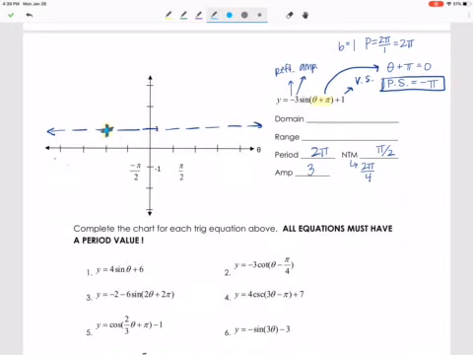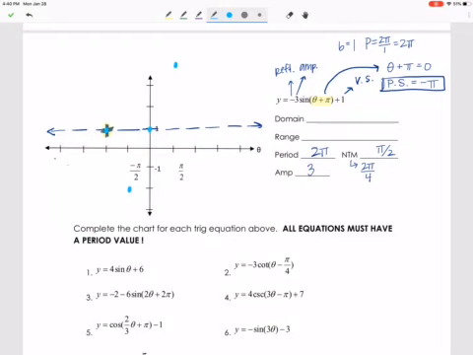From there, sine would normally move up 1 and then back to the line. But if I have a -3, I now have to move down and 3 away from the line. So 1, 2, 3. Back up to the line and then up 1, 2, 3 from the line.